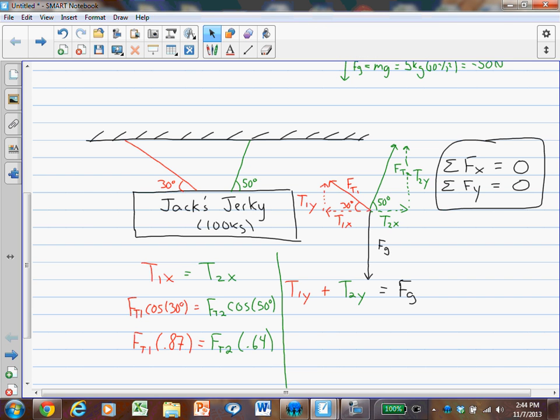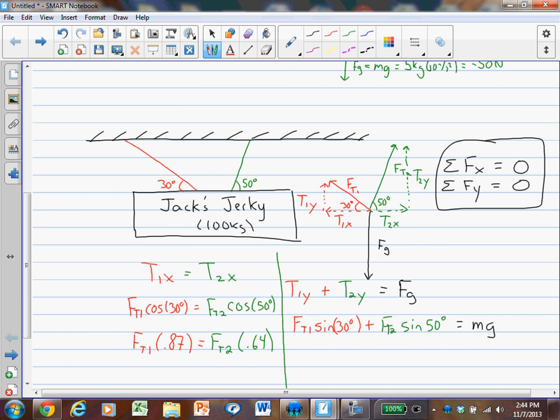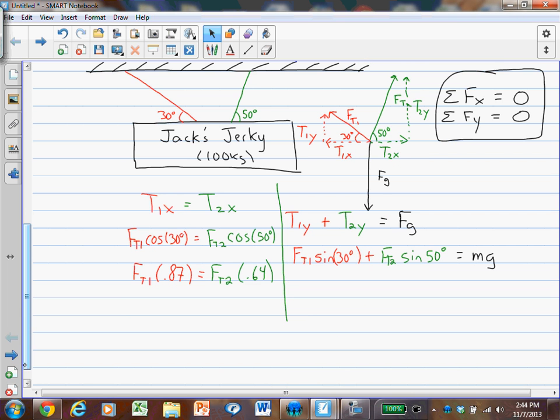Okay, good. Now over here, T1y is actually Ft1 sine of 30, and T2y is Ft2 sine of 50, and Fg is mg. So we can plug in the m, which is 100 kilograms, times 10 meters per second squared.